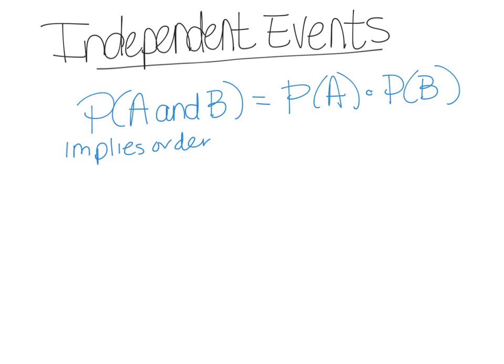But because they're independent, the order doesn't really matter. All you have to do is multiply these two probabilities together, much like the fundamental counting principle allowed us to multiply the number of ways together.